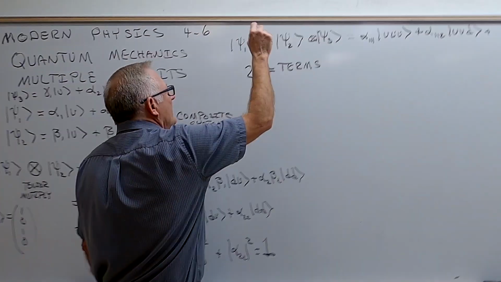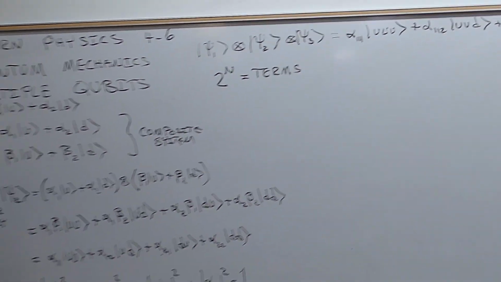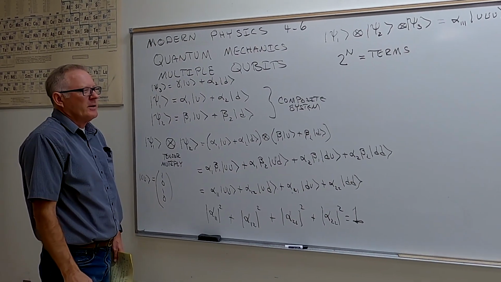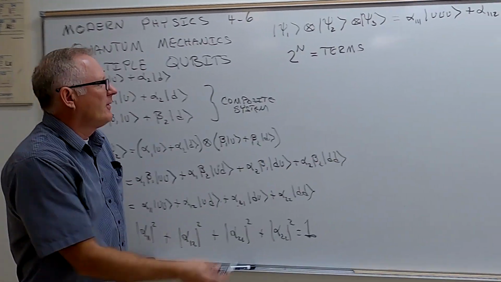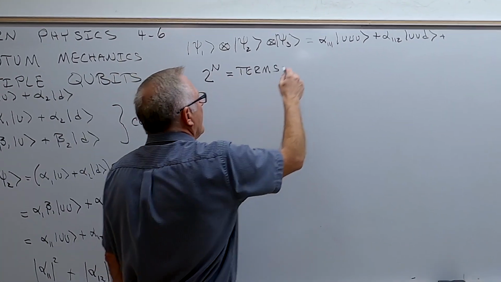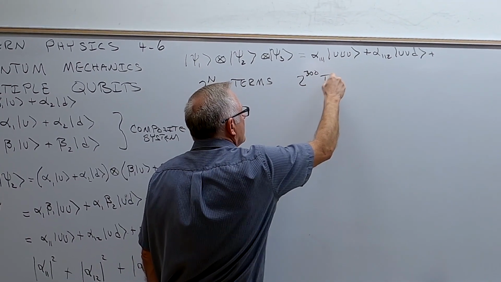I'd have psi 1, psi 2, psi 3, psi 4, all tensor multiplied all the way up to psi 300. How many terms do I have? I would have 2 to the 300 terms.